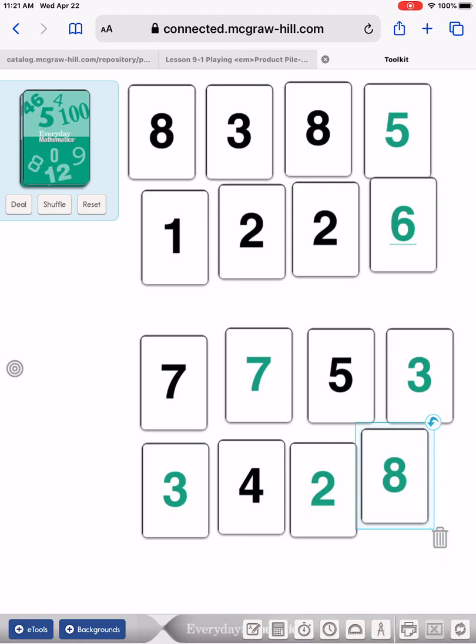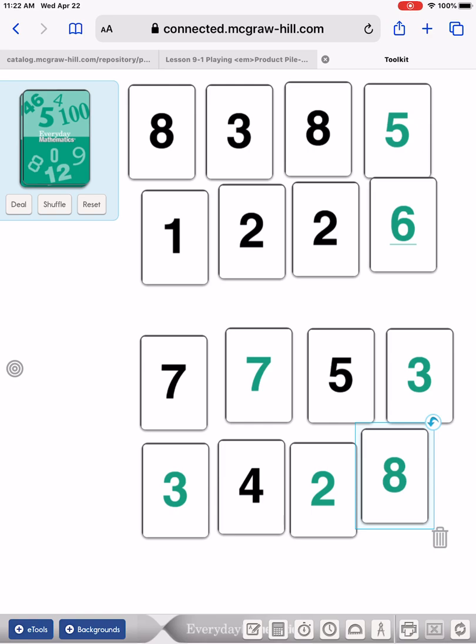All right, so player 1 has in their hand an 8, a 3, an 8, a 5, a 1, a 2, a 2, and a 6. And player 2 has a 7, a 7, a 5, a 3, a 3, a 4, a 2, and an 8. So if player 1 had dealt these out, then it would be player 2's turn to start.